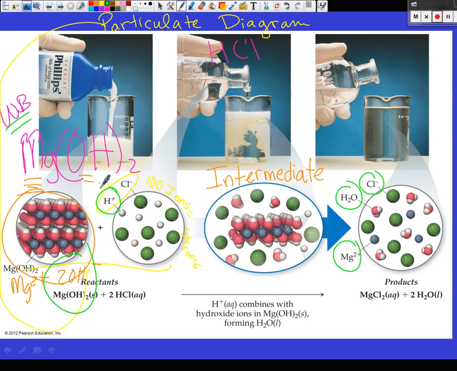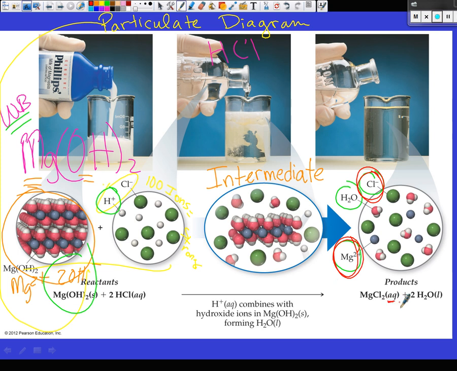So that's how you have the hydroxide and the hydrogen forming water. Now, the other two things that are hanging out are the chloride ion and the magnesium ion. Notice what state they're in. The ion state. If it were a solid, would it be an ion? No, they would have clumped together and precipitated out. So there's two ways to know.